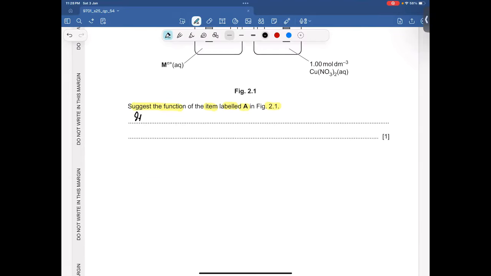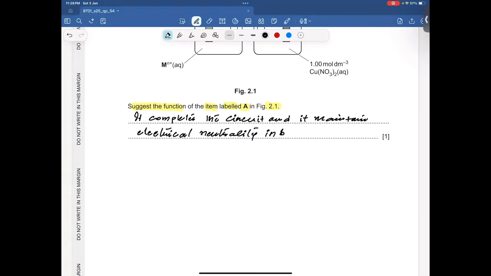It completes the circuit and also it maintains electrical neutrality in both the half cells.